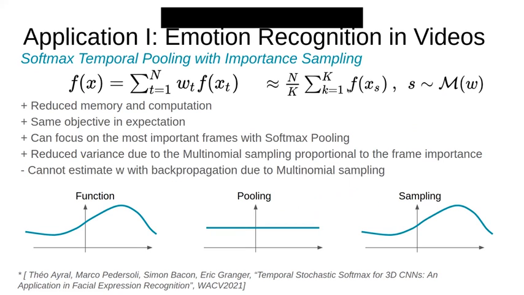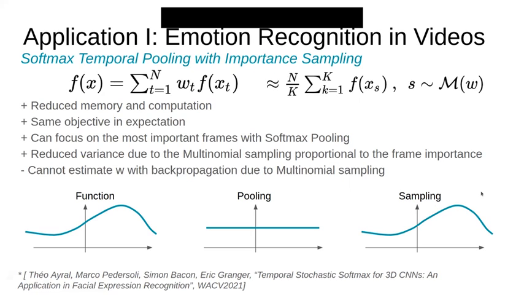You can see in the formulation here, the approximation of the formulation on the right. We don't have the weight WT associated to each short clip anymore, but instead of sampling uniformly, we sample with a function that is, again, proportional to our scoring function.